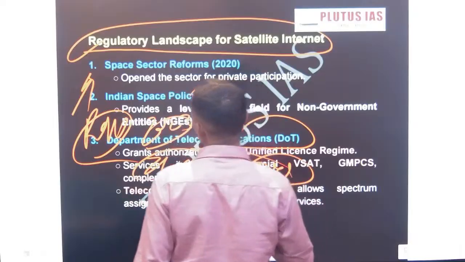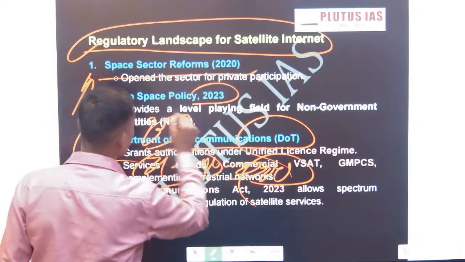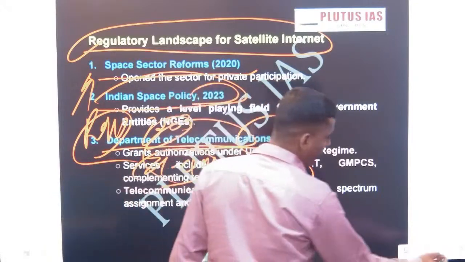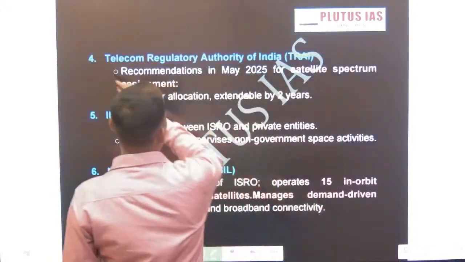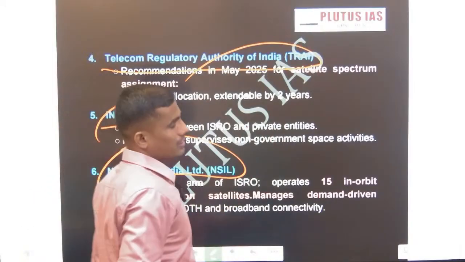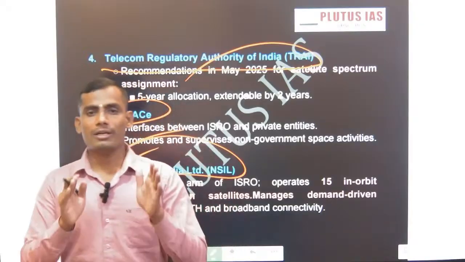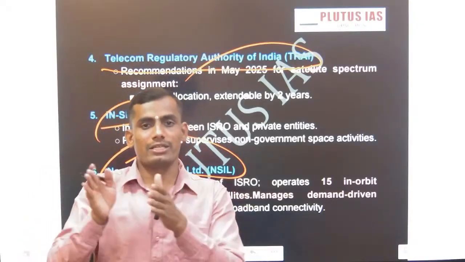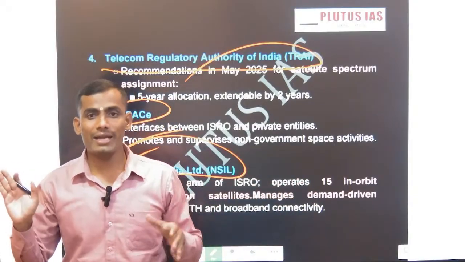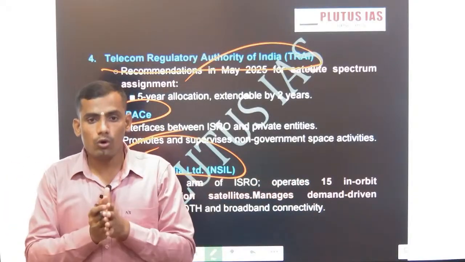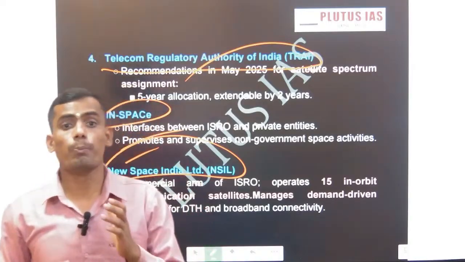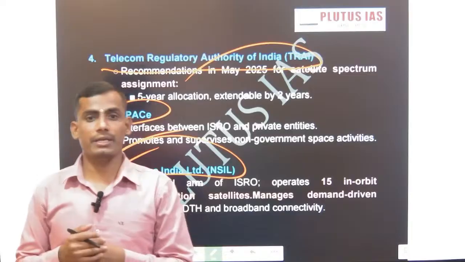So these are the policies: space reforms, Indian space policy, Department of Telecommunication, and other departments. They are broadly regulatory, then IN-SPACe, as I mentioned, and NCF. All these policies, institutions, and the coherence, a whole-of-government approach, with ISRO and communication, led to the development, and these are the initiatives to promote satellite internet in India.